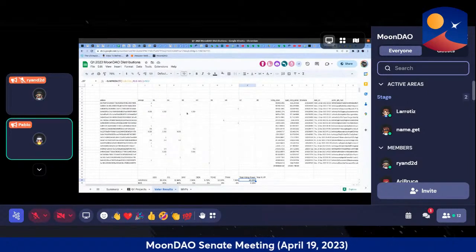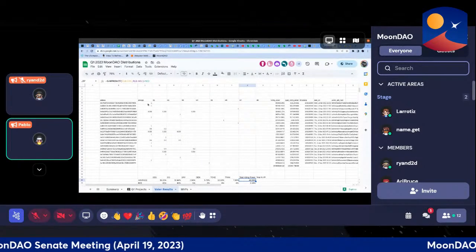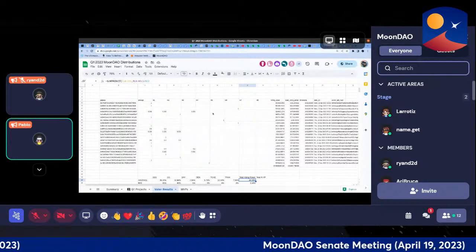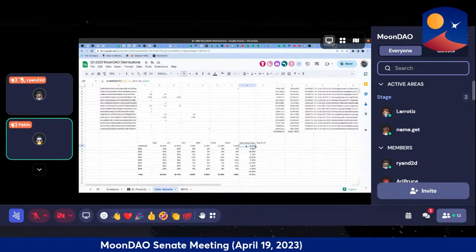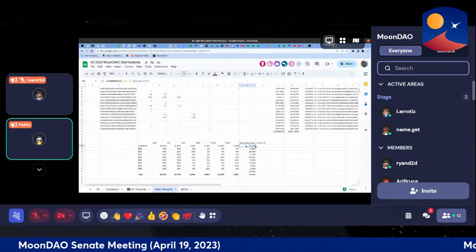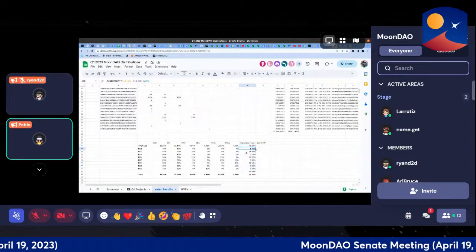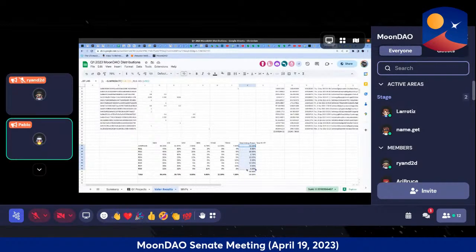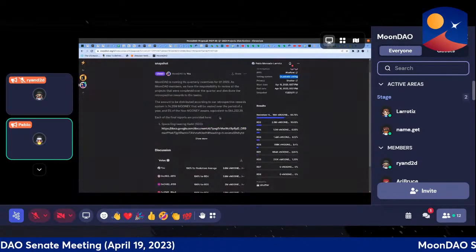And then you basically multiply this column by that column, and then you add it all together. These were the results that I got. So 40% of the total voting power in quadratic terms went to the average, and then 5% each to 1, 2, 3.